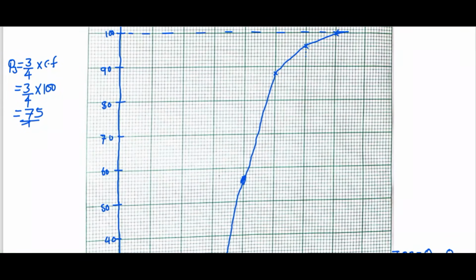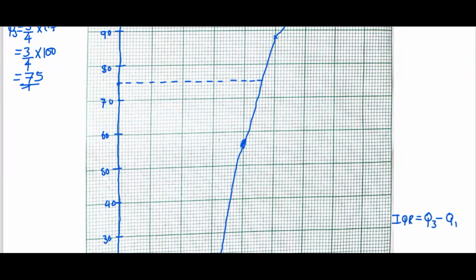If you punch that on a calculator, 75 is not our final answer, so we need to go to the y-axis and look at where there is 75. So 75 is between 70 and 80. So 1, 2, 3, 4, 5 here. Then we draw a straight line parallel to the x-axis until it touches our curve. Remember, these are estimations. We may not have the exact answer.